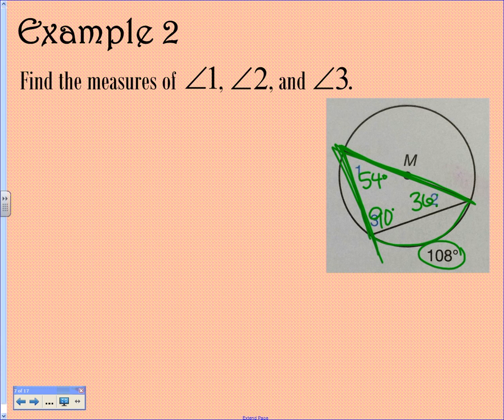Does that make sense? Wait, how do you assume that that's not? Because it's on the diameter. I was wanting to say diagonal. It's on the diameter, and so it has to be a 90-degree angle.